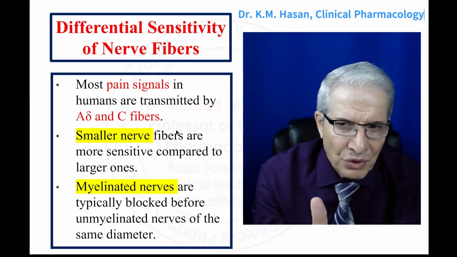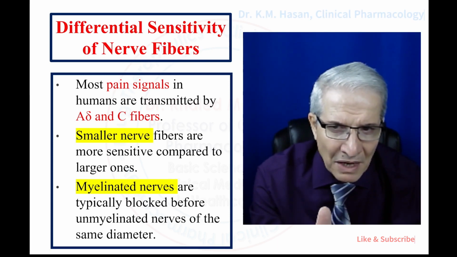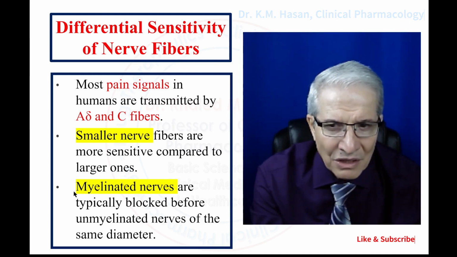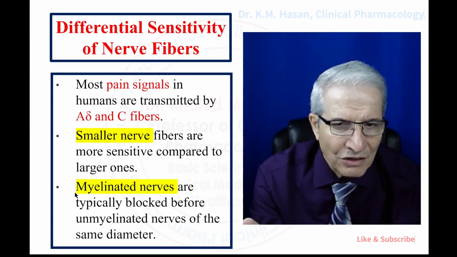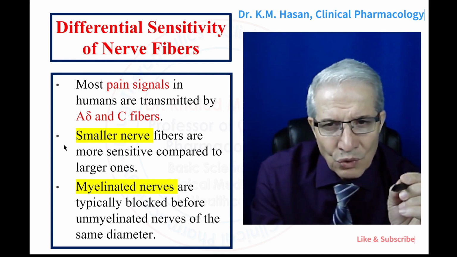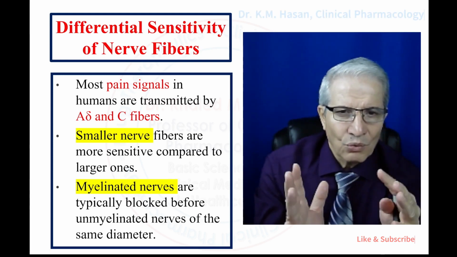Number two, this pain signal is normally transferred in small nerves rather than large nerves, mostly in myelinated nerves more than unmyelinated nerves. What does that mean for us? When you inject or apply local anesthetic, what happens there?